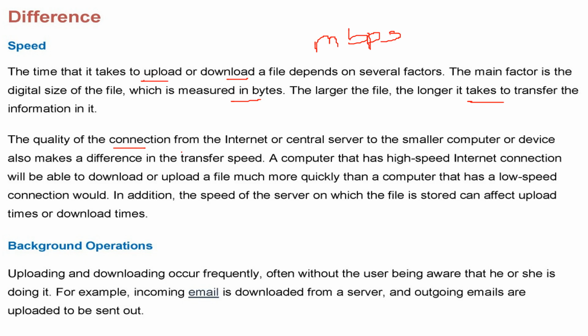If you are using 4G it will be faster, 3G slower. Then there is the speed of the server also, because if there are a number of hits on that server while you are contacting it, the speed of uploading and downloading can be different. Then there are background operations. It is not just that if you send an email it goes to the other system. There is a proper path, a proper way, proper storage and a buffer system. All these are involved while you are uploading and downloading.